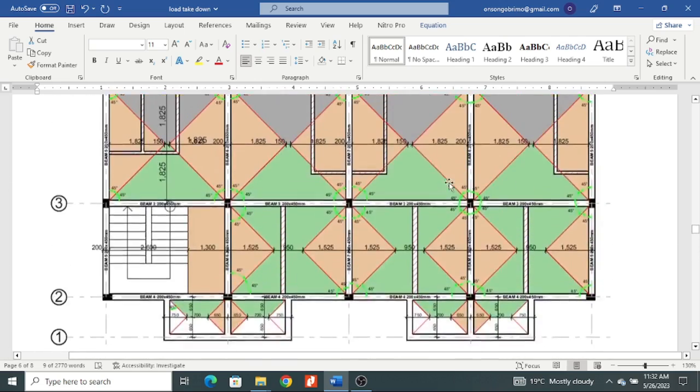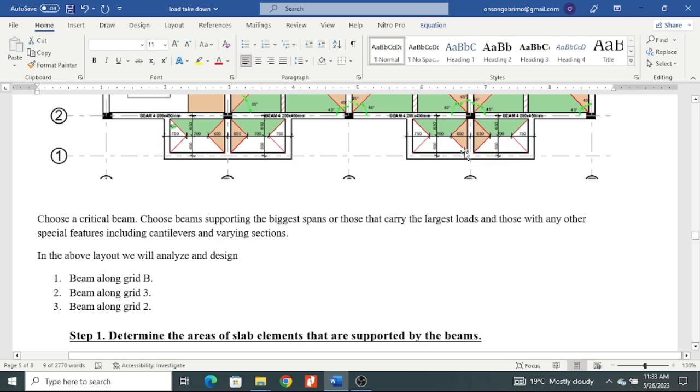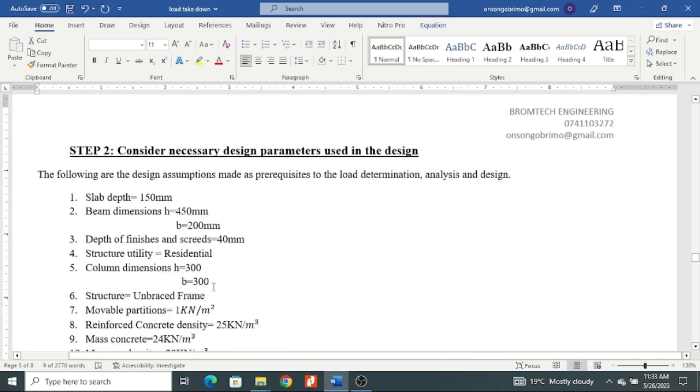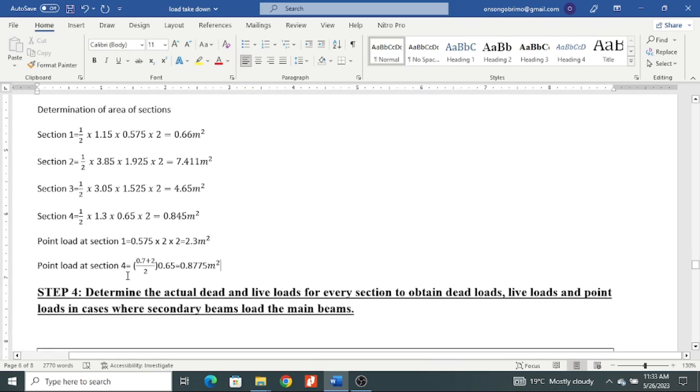Remember, I explained that all this loading will go to this beam and then it will be distributed to this point as a point load. Also, half of these will come here and half of these will come here. All of them will be summed here and they will be acting on this beam as a point load. The same scenario happening here. So I have determined all that. You can note these figures and try calculating them on your own. So I have done for section 4 and for section 1.